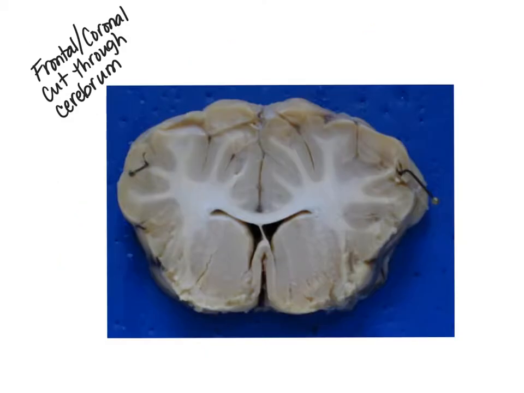On this slide, we're looking at a frontal or coronal cut that was made through the cerebrum. And I wanted to show you this to give you another look at the difference between the white matter and the gray matter in the cerebrum. So just a reminder, the kind of grayer area or more tan area, this is called the gray matter.